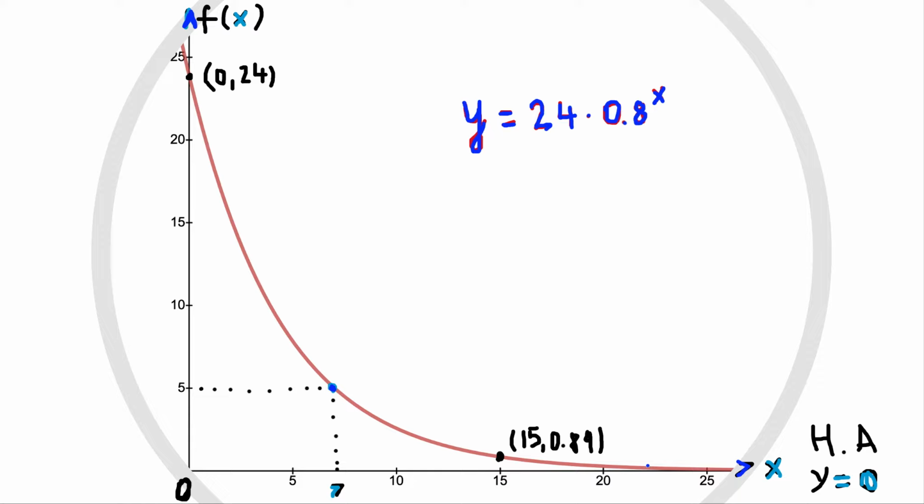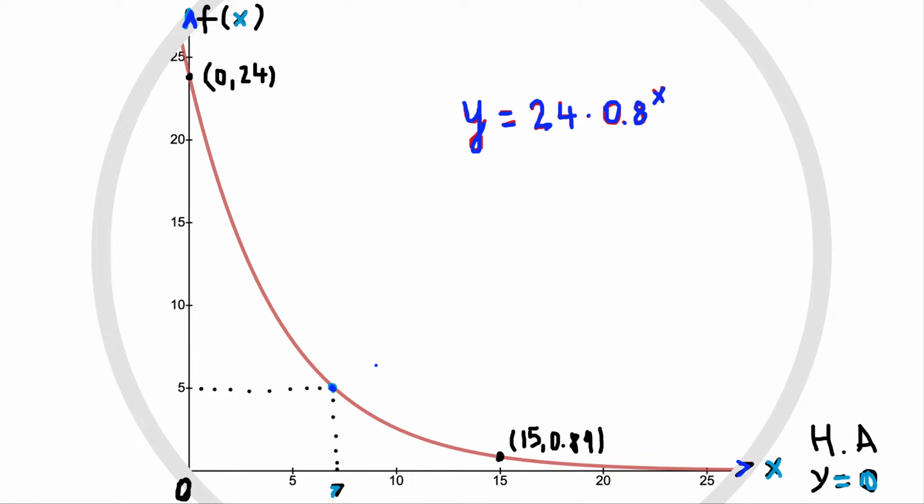I think in 25 to 30 years the car ends up in the yard. So for a reasonable domain I would take 0 to 30, because at 30 the life of the car ends.